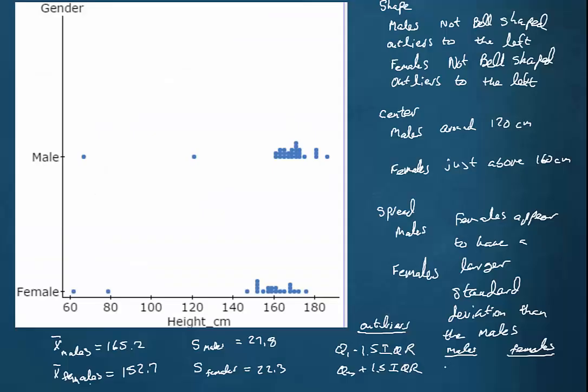For the males, that interval will be 128 to 192. For the females, that interval will be 152 to 185.